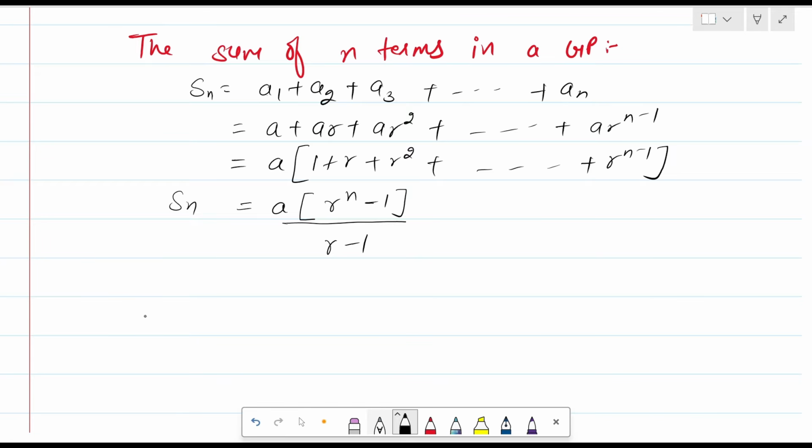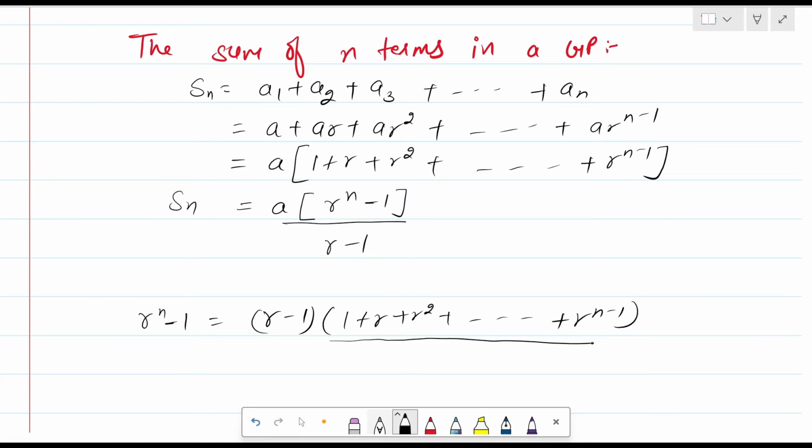How it comes from? Because we know that r raised to the power n minus 1 is equals to r minus 1 into 1 plus r plus r square and so on, r raised to the power n minus 1. So if I want the value of this function, then this r minus 1 goes to the denominator of this side. Okay, so this is the formula of sum of n terms of a GP.